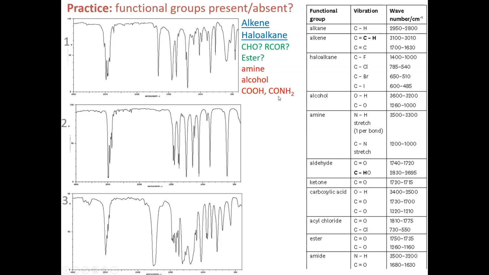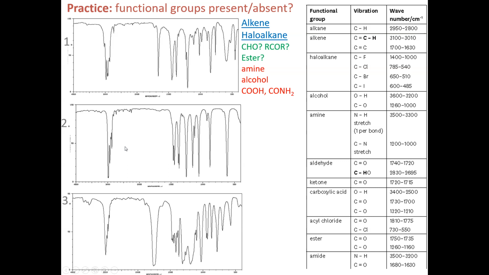We know it's not an amine because there's nothing here, and it's not an alcohol or carboxylic acid. And we know it's not an amide or an acyl chloride. And probably not any carbonyl peak because it's just not that finger-like shape.